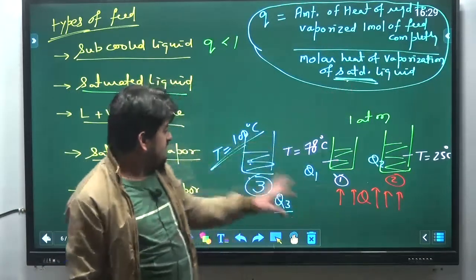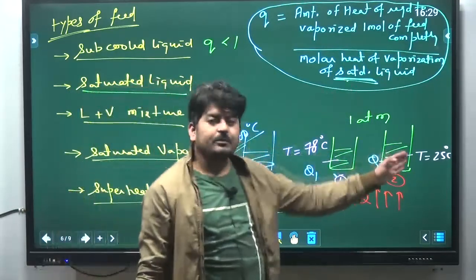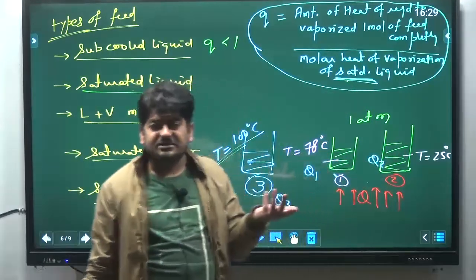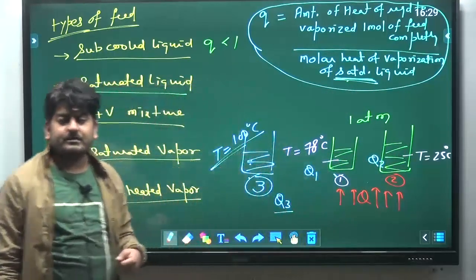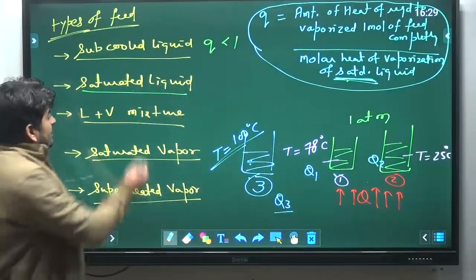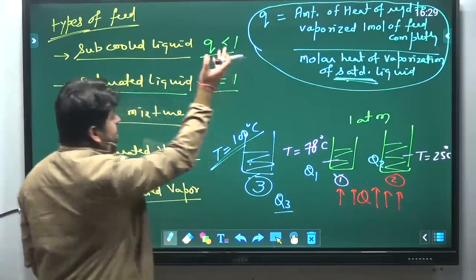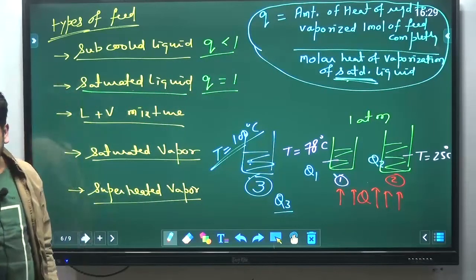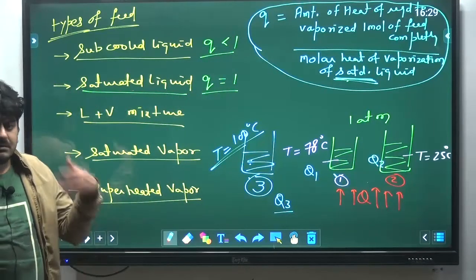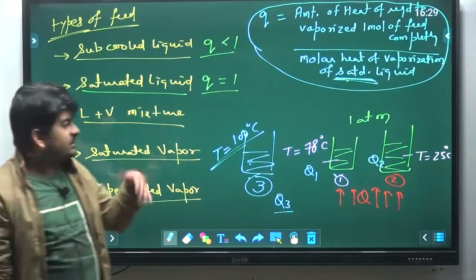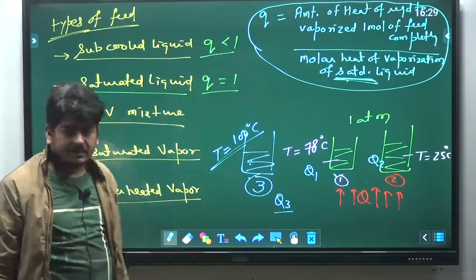Saturated liquid, only this. This is subcooled liquid. Any liquid mixture below its bubble point temperature is subcooled liquid. For saturated liquid, Q will be 1, because the feed is already a saturated liquid, so this ratio will be 1.